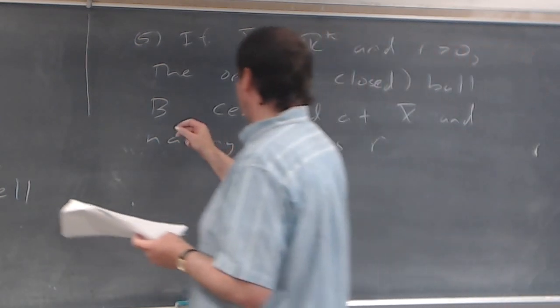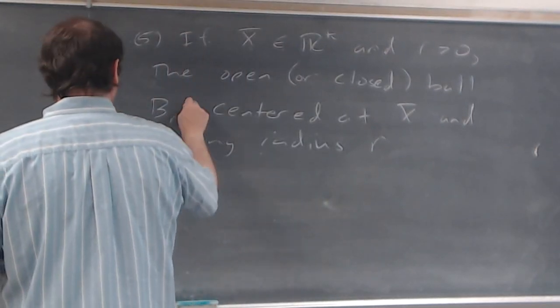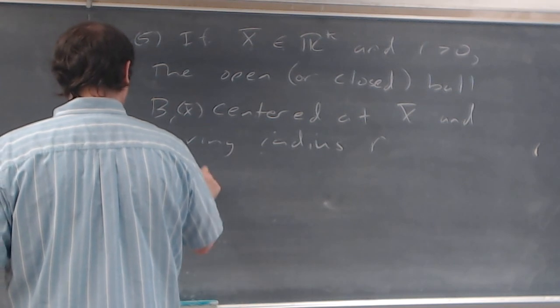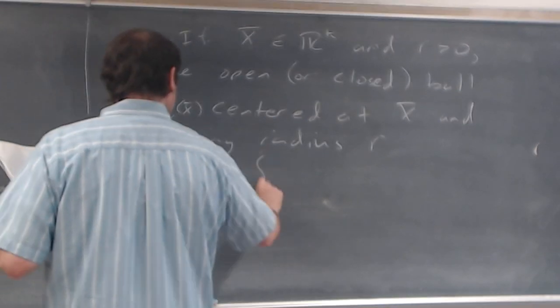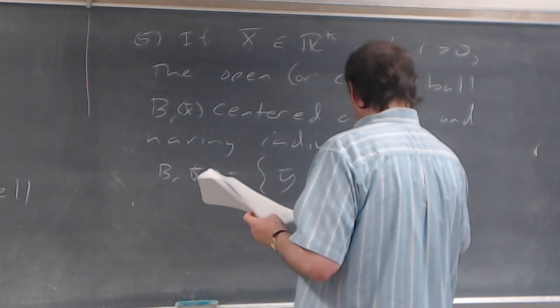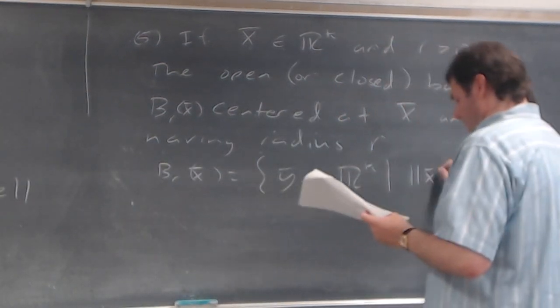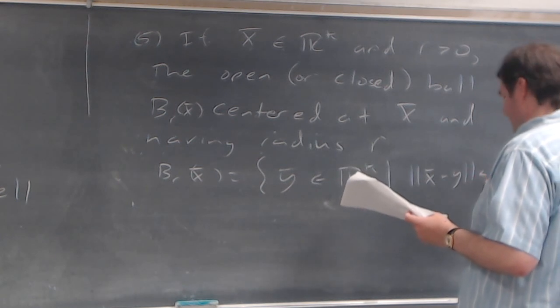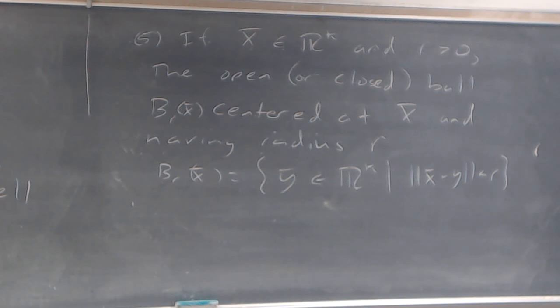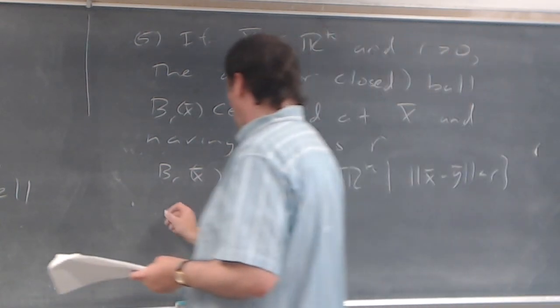So this is B_r(x), the set of all y, an element of R^k, such that the norm of x minus y is less than r. It's the points in R^k whose distance from x is less than r. That's the open set.